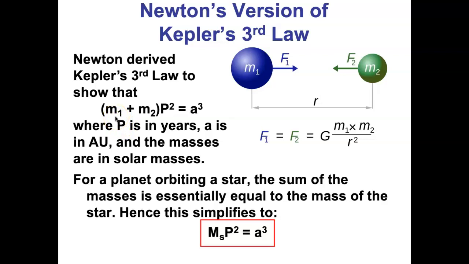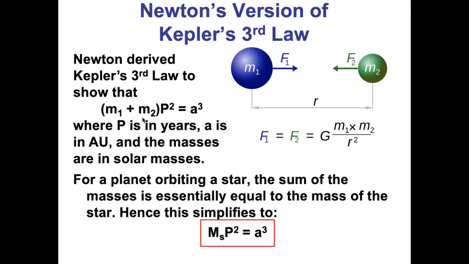But we can simplify things a little bit, right? Now, in this equation, m1 and m2 are in solar masses. So if you're talking about the Earth going around the sun, m1 is the mass of the sun. It's one solar mass. What's the mass of the Earth in solar masses?